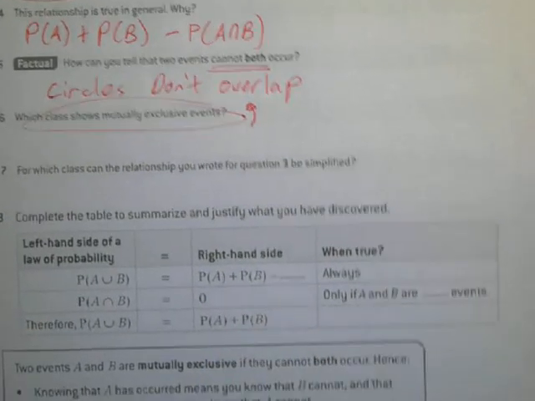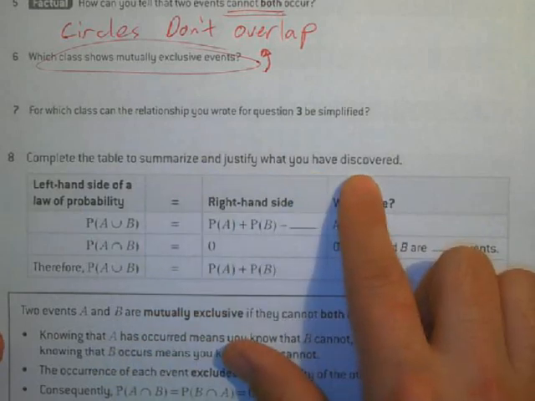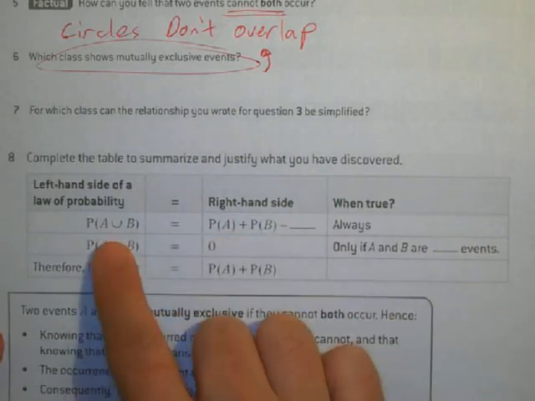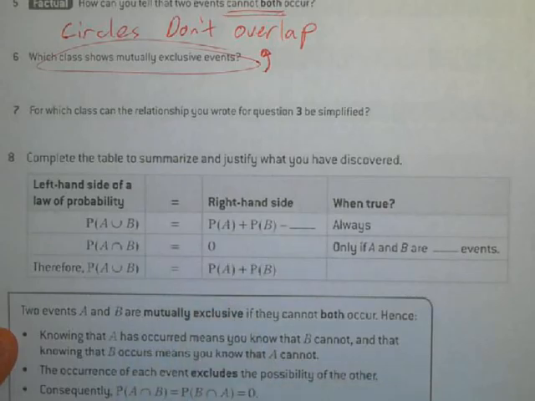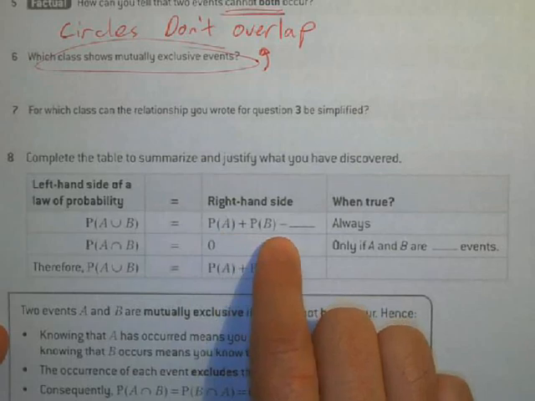Okay? So, complete the table to the summary and justify what you've said. Okay, so the union of A and B is equal to the probability of A plus the probability of B minus, what did we have to subtract?